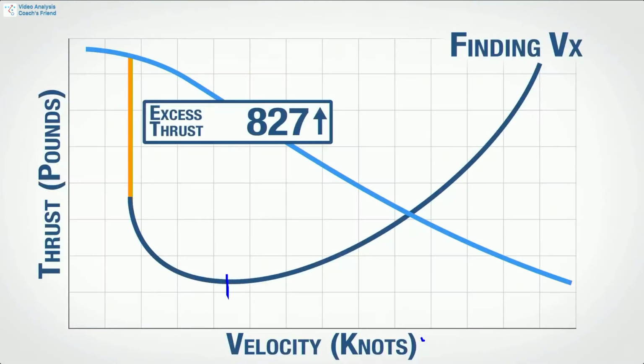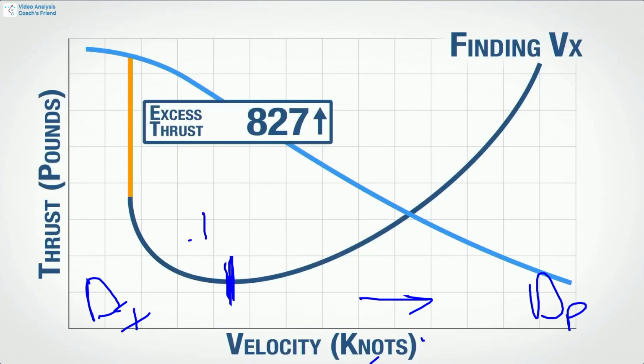Okay, so let's go back to this chart. What that tells you is down here, as we slow down, you're getting more and more induced drag. And in this direction, you're getting more and more parasite drag. And right here, at this minimum point, induced drag equals parasite drag.